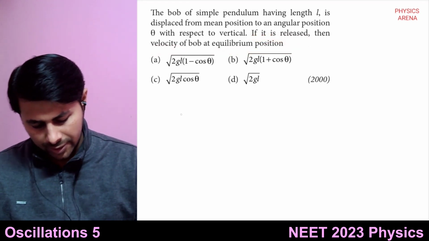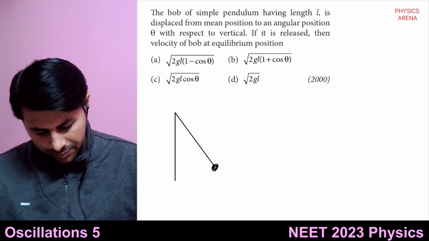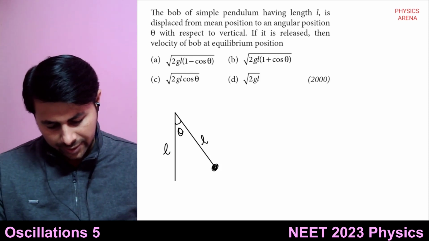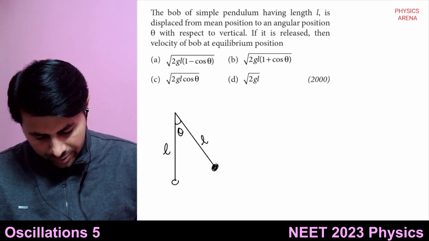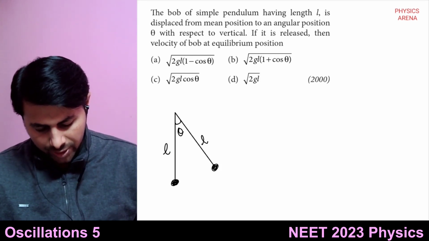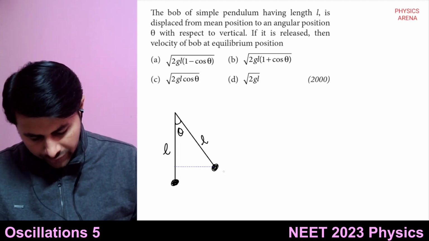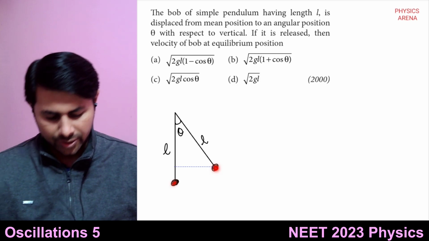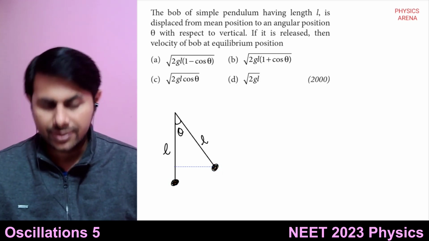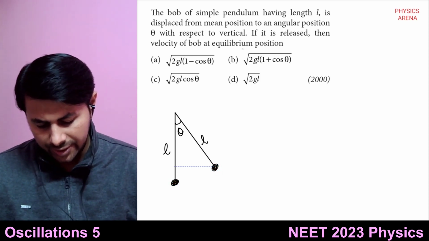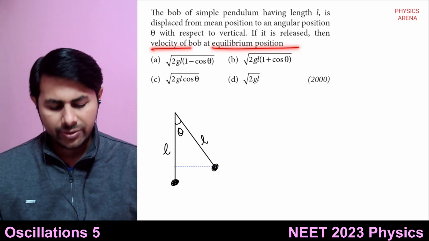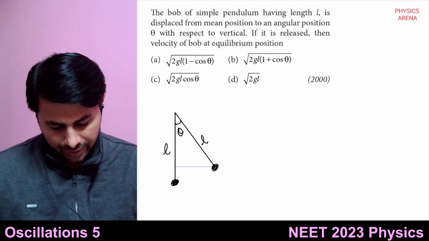So you have this angle theta, this length L, this length L. When this bob comes from here to here, how much will be its velocity? This is the question.